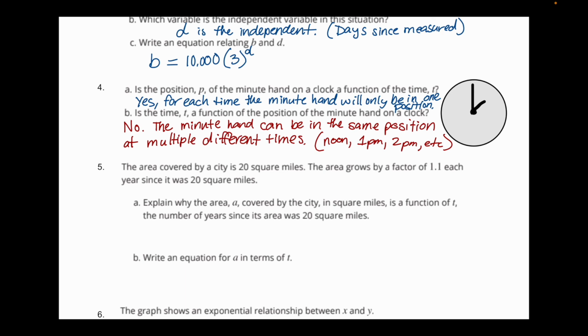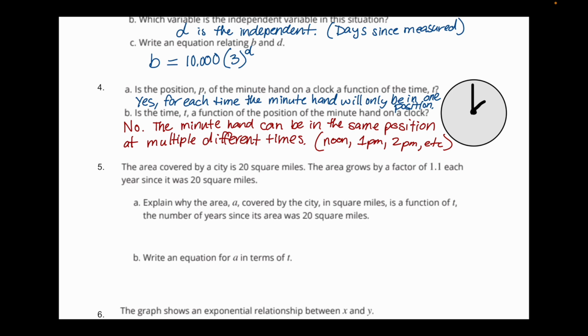And as with most things with time, we are going to say it's because the city cannot cover 2 different areas at the same time. It would only be one measurement at one time.